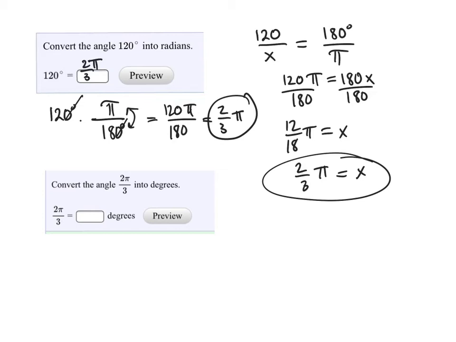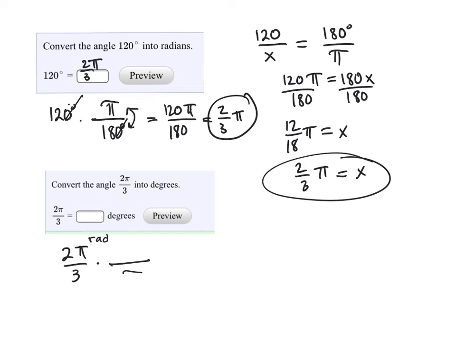Below, you can do the same kind of thing. 2 pi over 3. Now this is radians, and I'm going to multiply by 1. But the issue is, it's like above. You see how there was a degree above and then a degree below, and the degrees ended up canceling. You can do the same thing here. What I want to do is have the radians cancel. I know that this is radians.